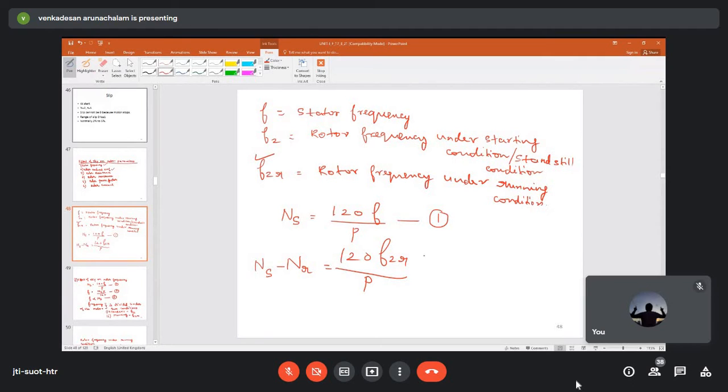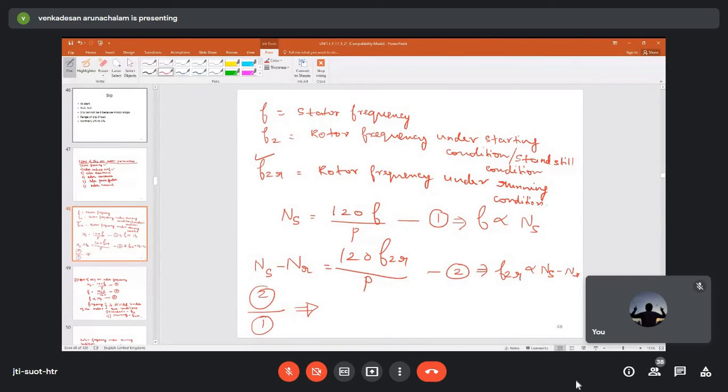So let me take this equation as 2. You divide 2 by 1. What will I get? Simply note this, you can write simply like this. F is proportional to NS, simply you can write, because 120 and P are both constant, and F2R simply you can write as proportional to NS minus NR.